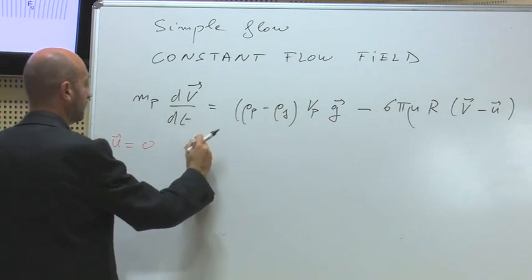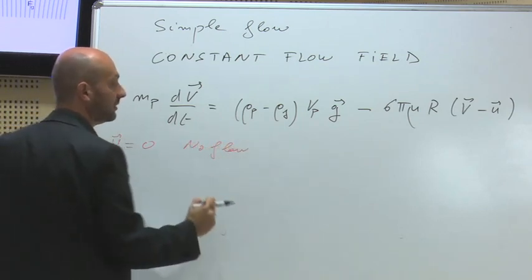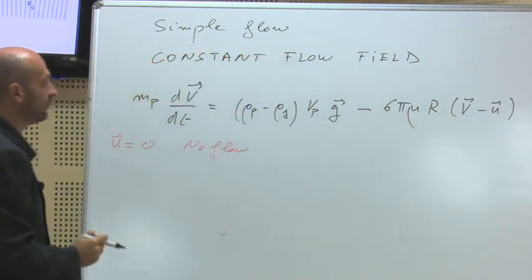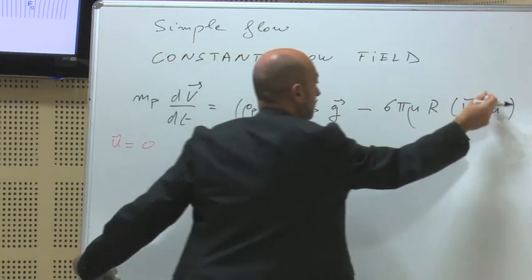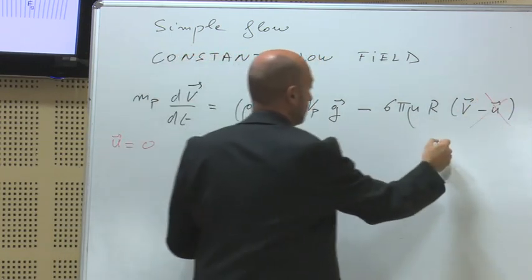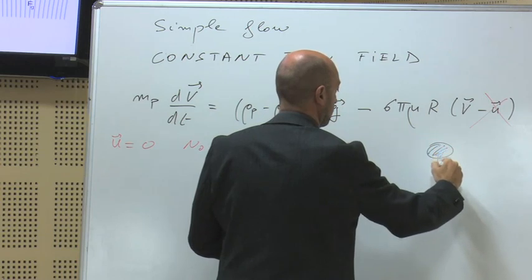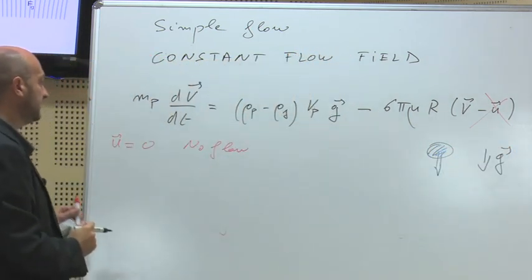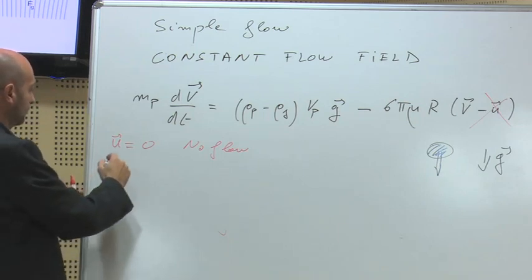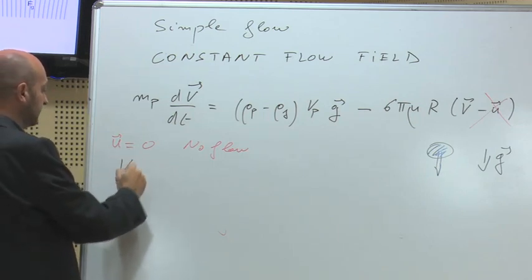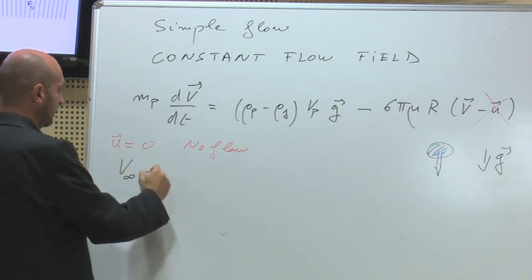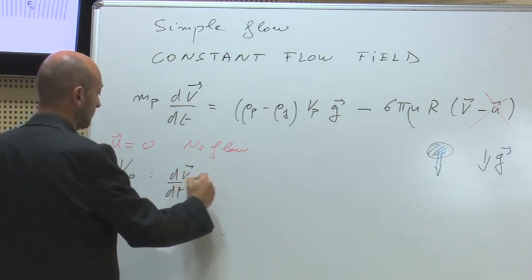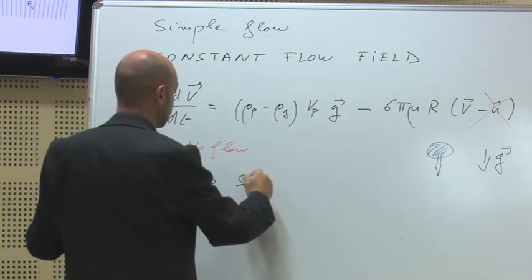So we have no flow. I told you that this is exactly the same if we have a flow. The only thing we have to do is to keep in mind that we evaluate the slip velocity. Okay, so we have no flow. So we have a particle experiencing gravity. We have no flow, and we want to know what is the velocity, v infinity, meaning that dv/dt is equal to 0, so steady state.